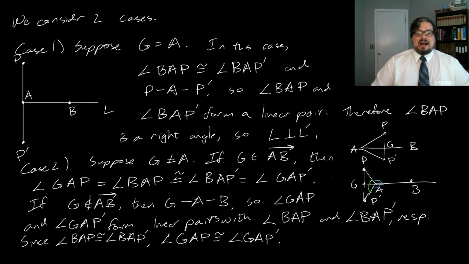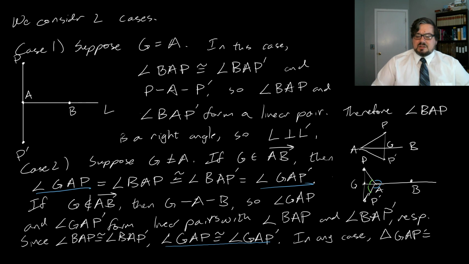So that means that in either case, whether G lies in the ray AB or not, we always have that the angle GAP is congruent to the angle GAP prime. So in any case, the triangle GAP is congruent to the triangle GAP prime by side angle side.